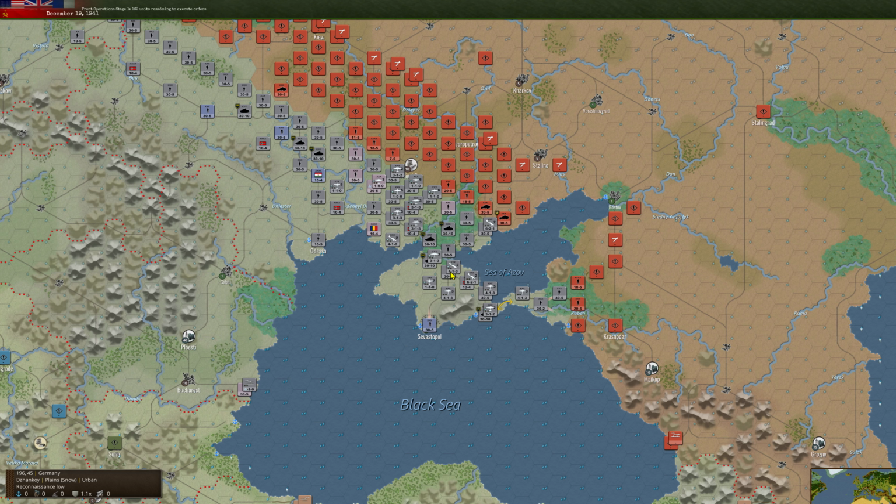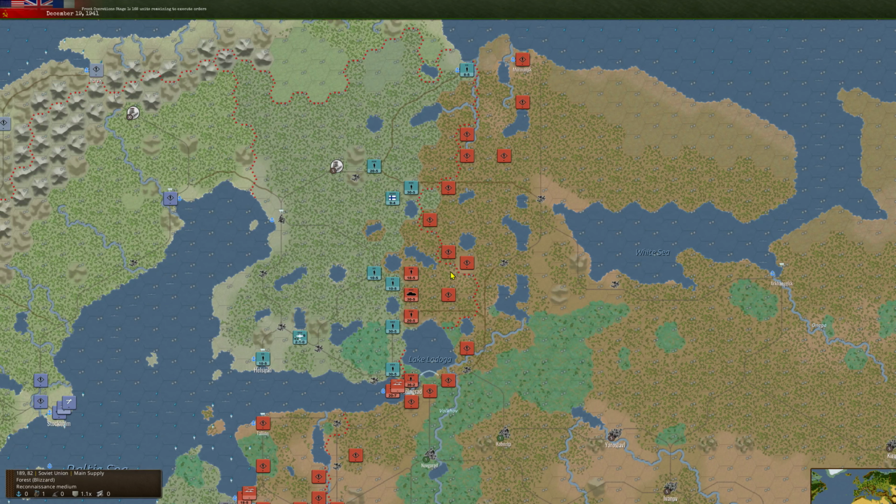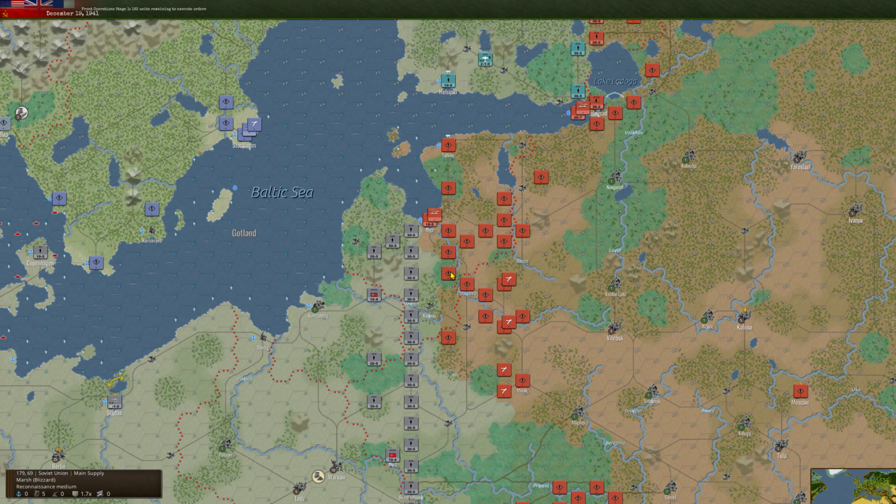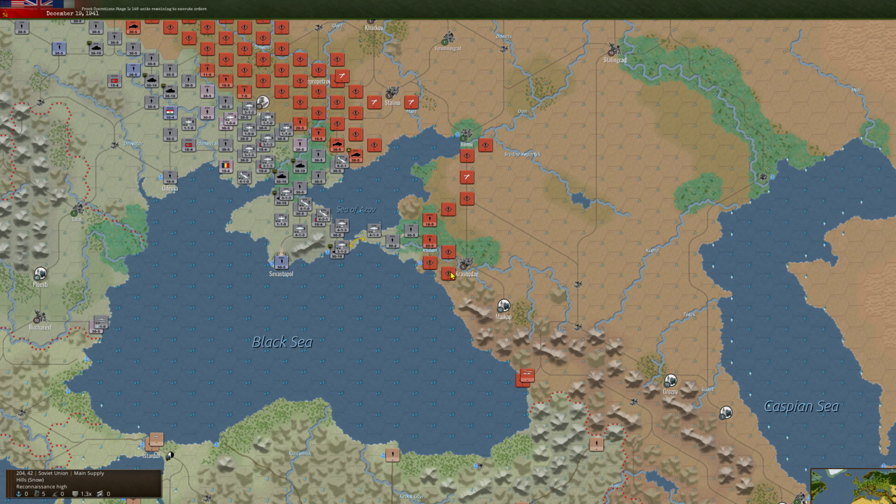So the Germans really weren't required to declare war against the U.S. And the U.S. probably wouldn't have declared war against Germany, because all the people and the Congress wanted to fight Japan.